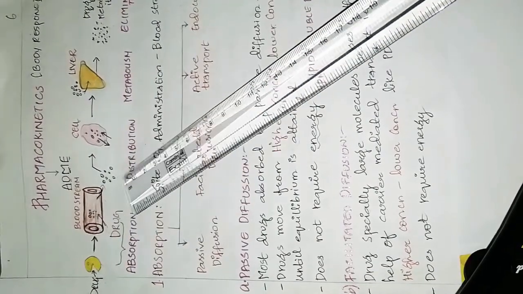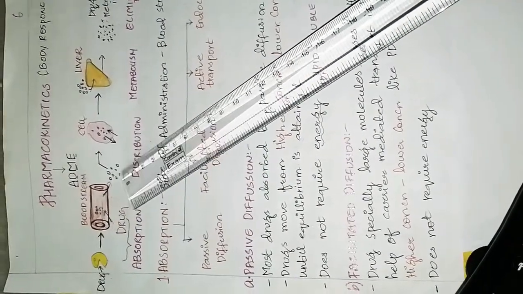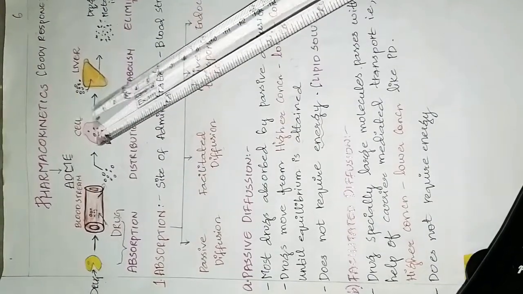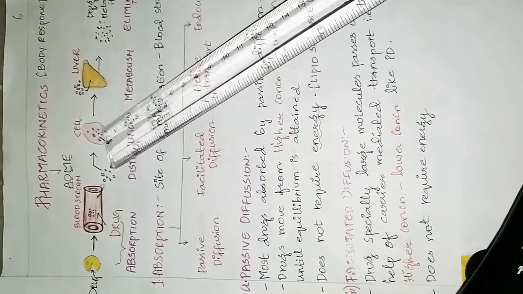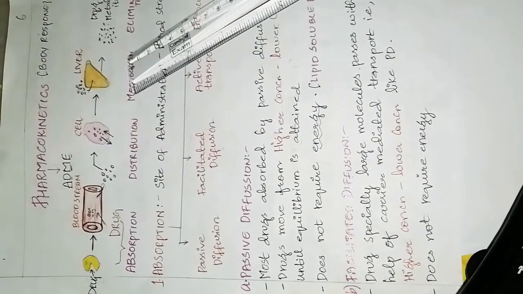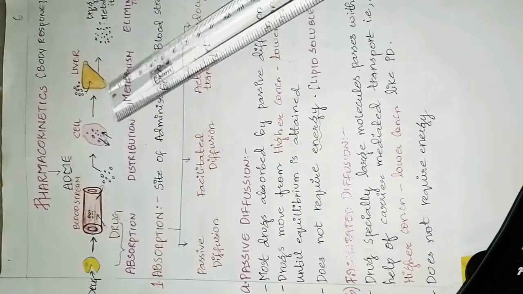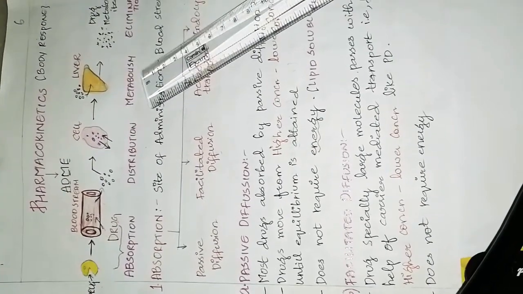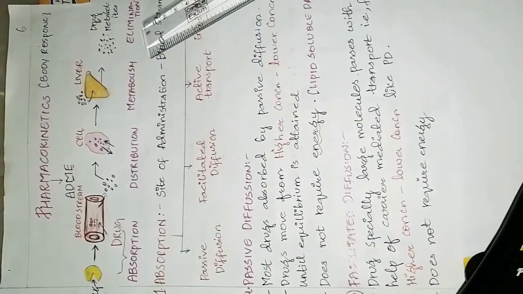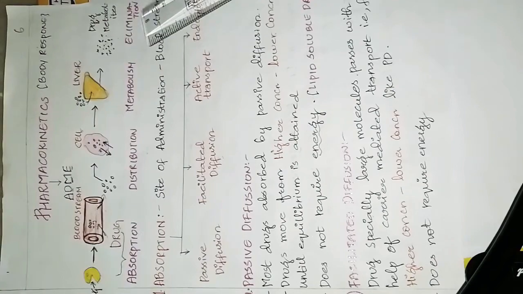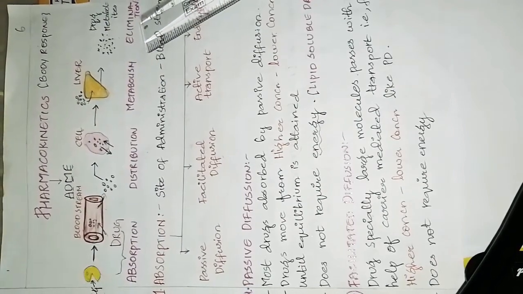Then the movement of drug from the bloodstream to the cells or tissues is known as distribution. Then the movement of drug from the tissues to the liver is referred to as metabolism. From the liver, the drug or its metabolites get eliminated. That is known as elimination. This is the final step.